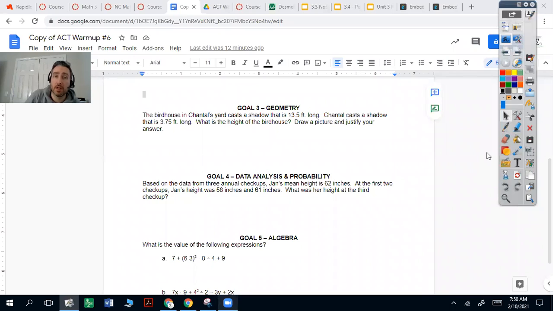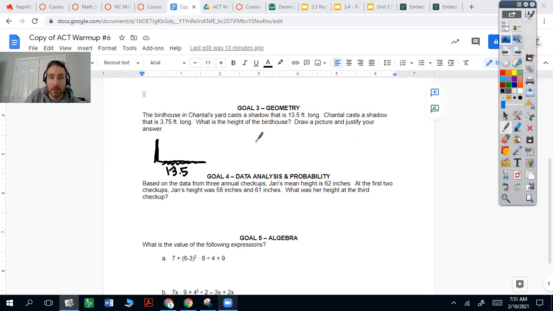Question 3. The birdhouse at Chantal's yard casts a shadow that is 13.5 feet long. Chantal casts a shadow that is 3.75 feet long. What's the height of the birdhouse? Again, we want to use a proportion for this. So the birdhouse casts a shadow that is 13.5 feet long. Shadow's on the ground.